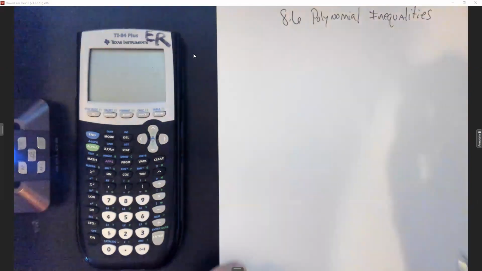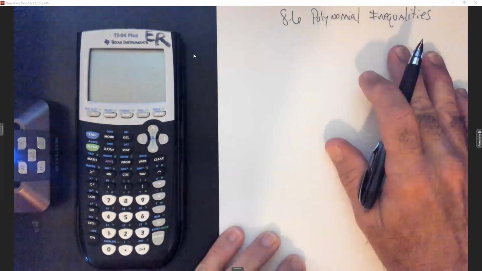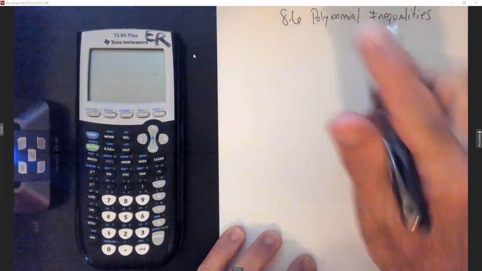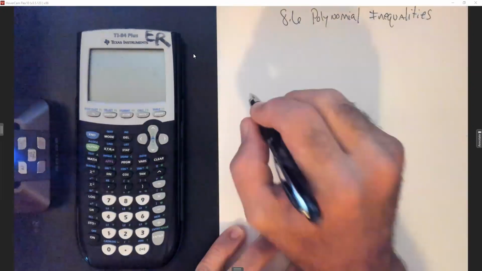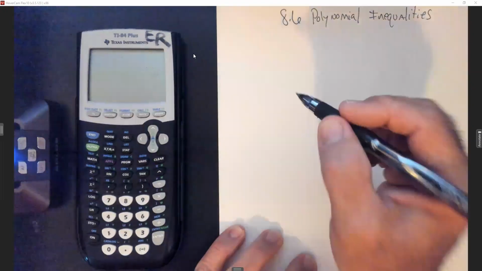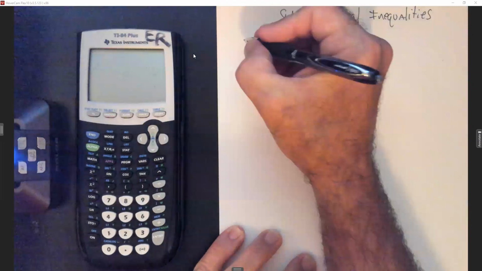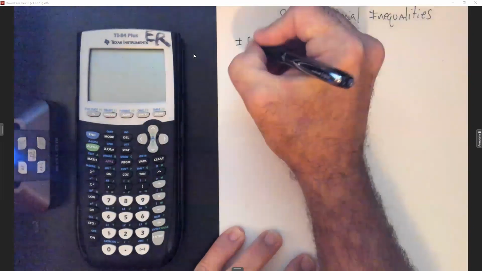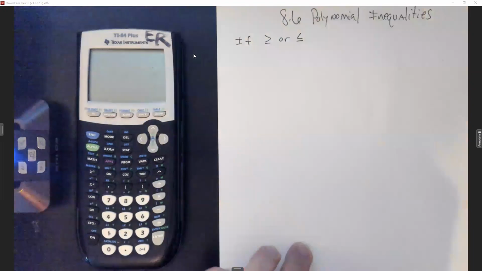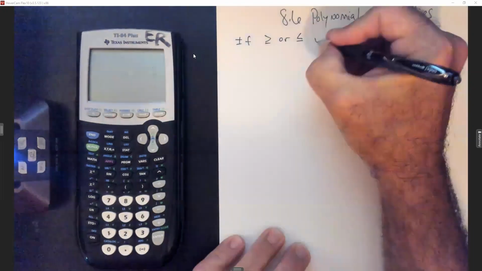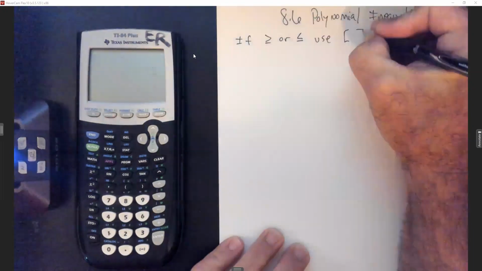All right, so let me refresh you on a few things about whether you're going to use less than, greater than, or less than or equal to and greater than or equal to. If you have equals under those inequalities, you got to use the brackets on your answers.